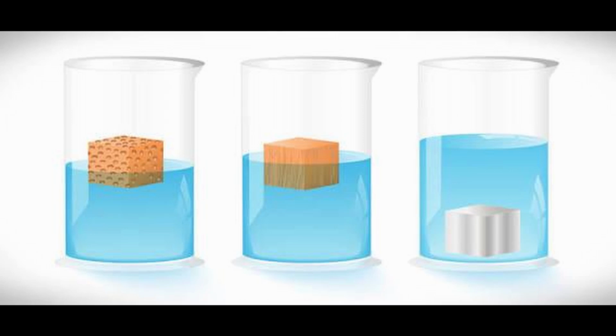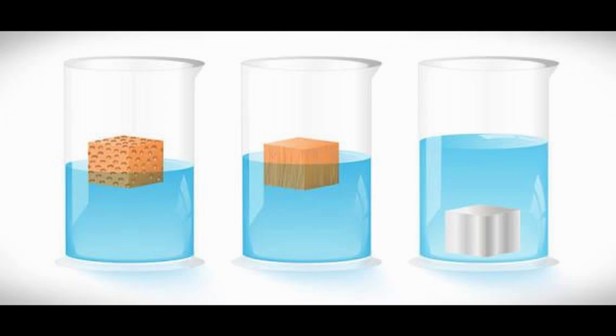For example, we can take alcohol. Alcohol has density 0.778 gram per cubic centimeter. Water has density 1 gram per cubic centimeter. Glycerin has density 1.25 gram per cubic centimeter. So different liquids have different densities.